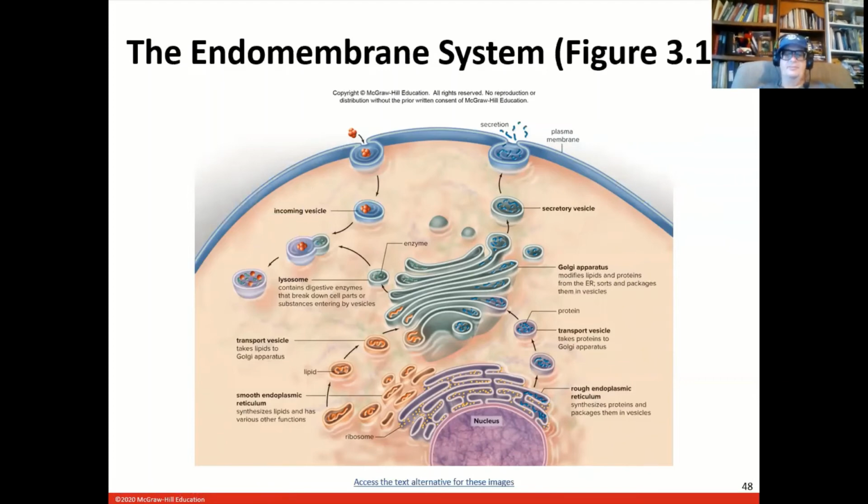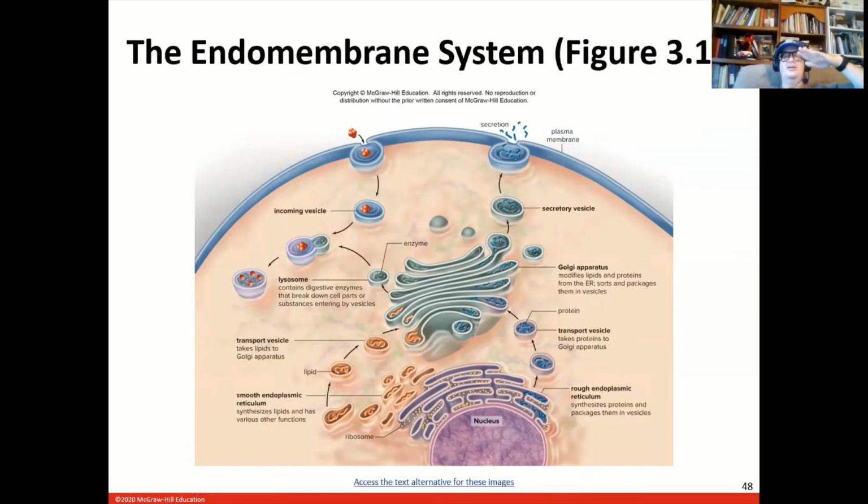It's the same thing. What you're seeing right here, like you said, oh, they show it like it's floating. Oh, that transport vesicle is actually being walked by a motor protein. This transport vesicle is being walked by a motor protein. It would probably be good for you to know that things come into the Golgi on the cis face.